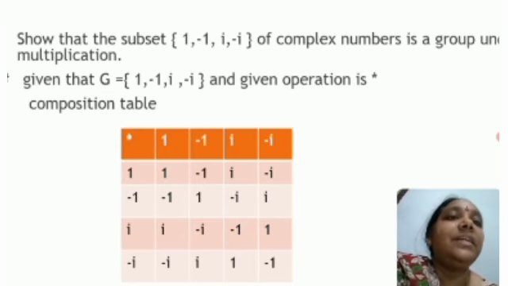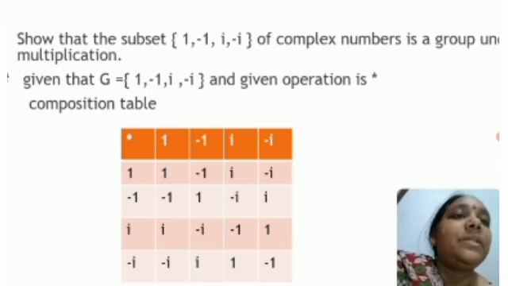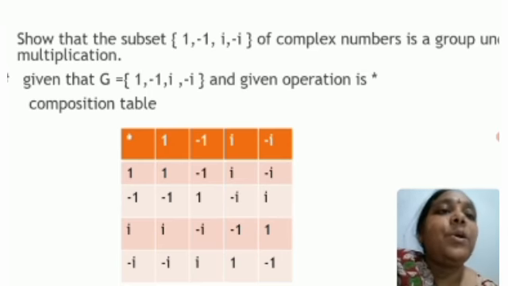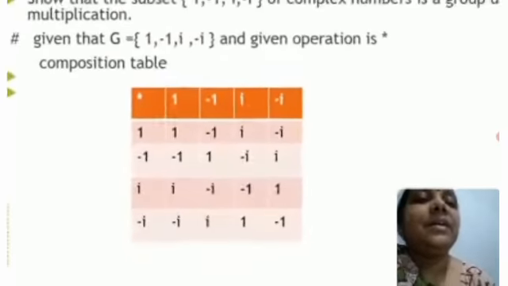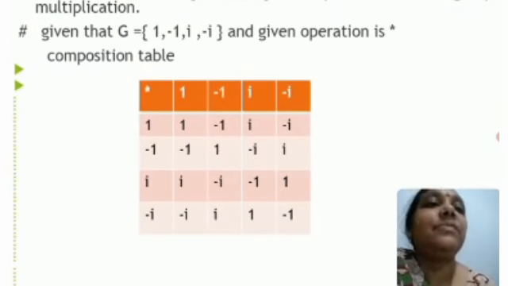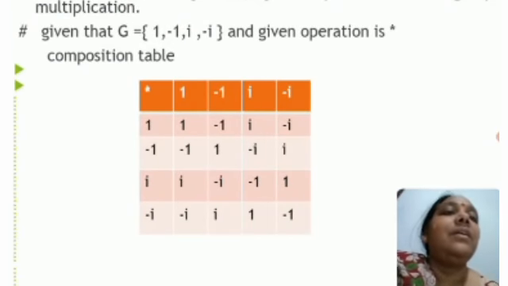So every row contains the identity element, so it satisfies the inverse property. Now we have to check what the inverses are. If 1 is the identity element, the corresponding elements, that means 1 and 1, are inverse to each other.